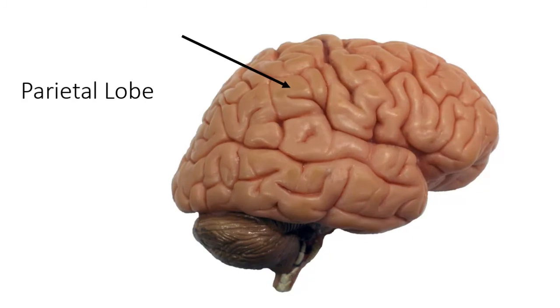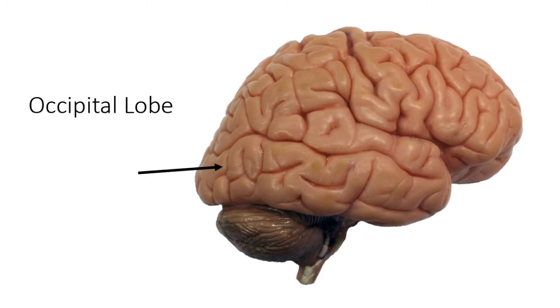So again, keep in mind where the cranial bones fall into place here, and this kind of follows that pattern. The parietal lobe is going to be mainly made up of sensory activity. And then finally, where all our visual functions hang out, occipital lobe on the back.